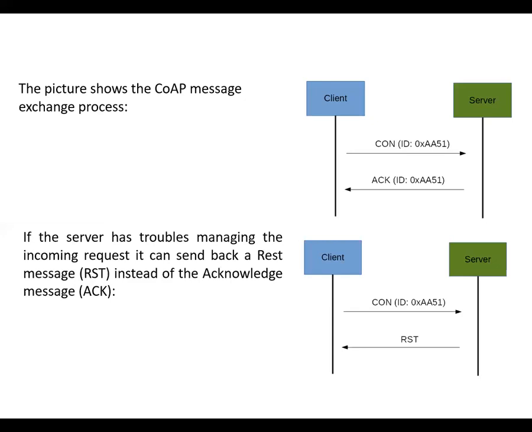So this might be a scenario where client asks server for a certain type of value. For example, the client wants to send a message and wants to see the temperature, but the server doesn't have a temperature value, doesn't receive any temperature value from the sensor.